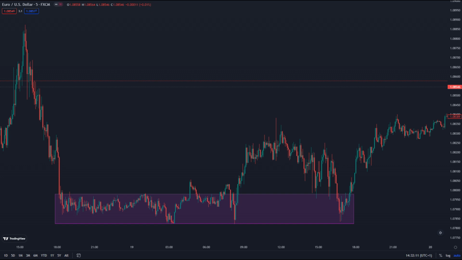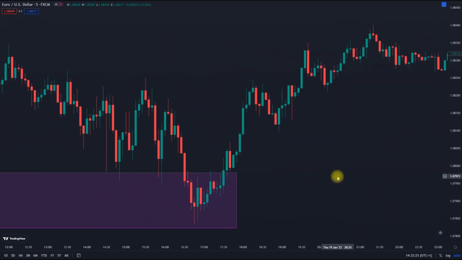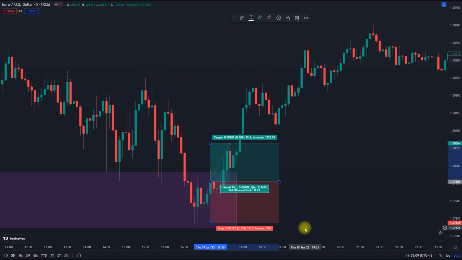We are in the Euro-US dollar 5-minute chart. And we have a nice resistance level over here. So if we would place an order, I will zoom in a little bit. If we would place an order, for example, after these 3 white soldiers, so we would have our entry here, and we would place our stop below the resistance level to make sure that we don't get stopped out by a spike down and then the market continues to go up further.